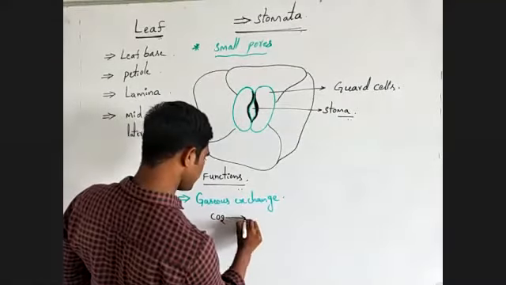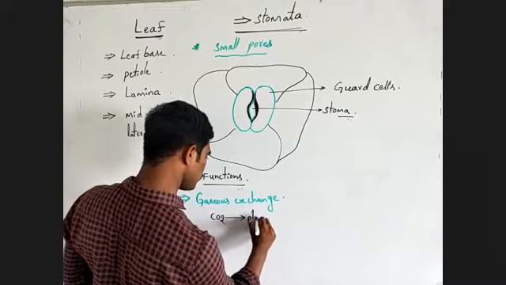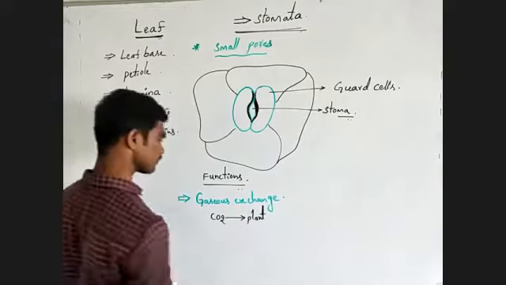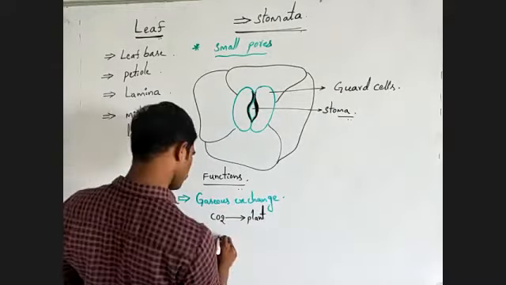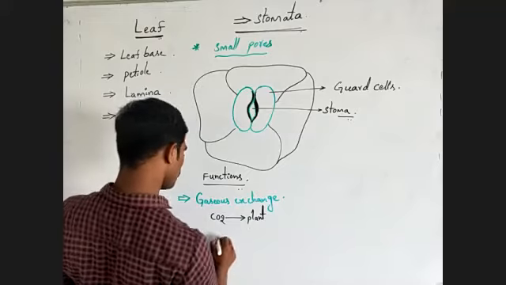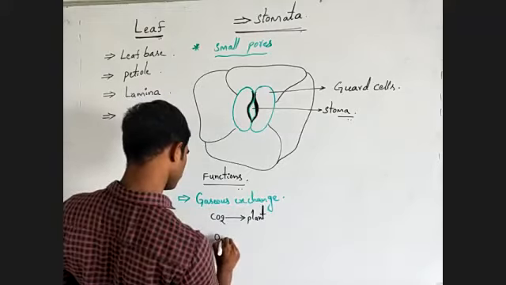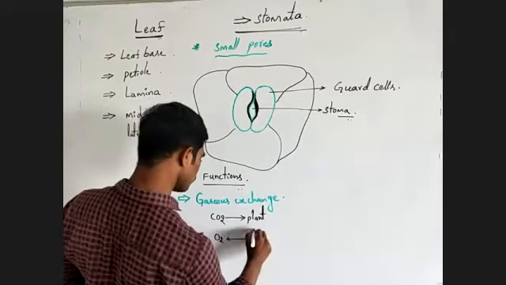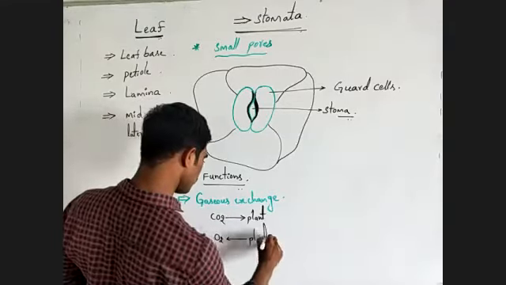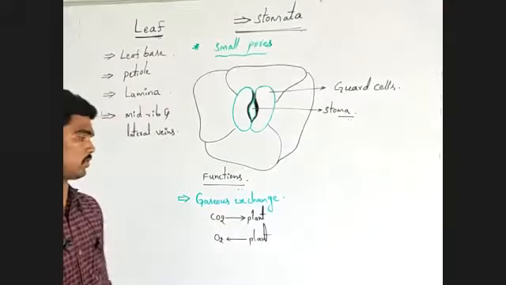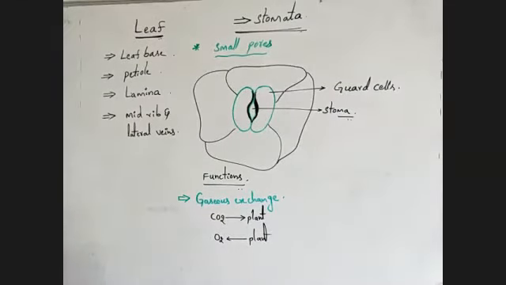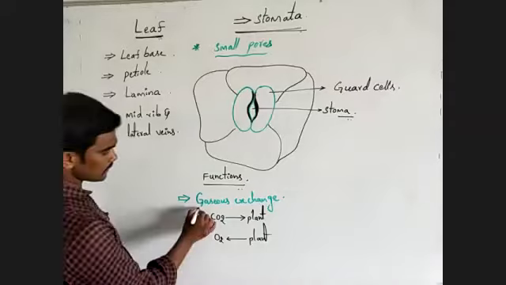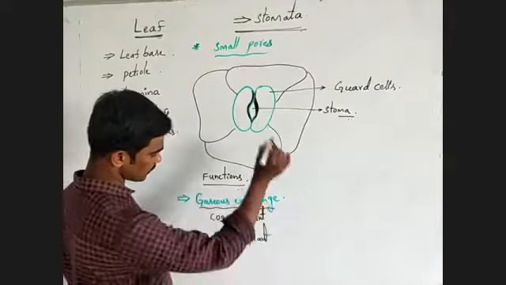Carbon dioxide is entered into the plant. Oxygen is released out of the plant. That is gaseous exchange process takes place.